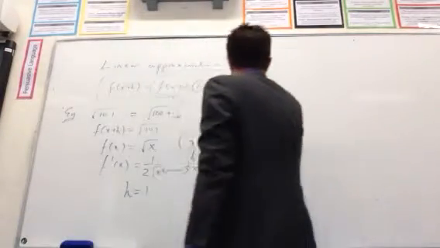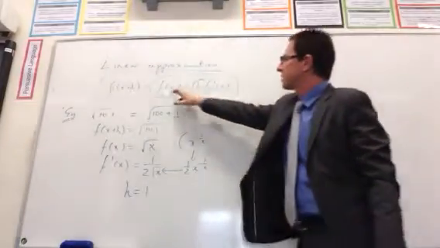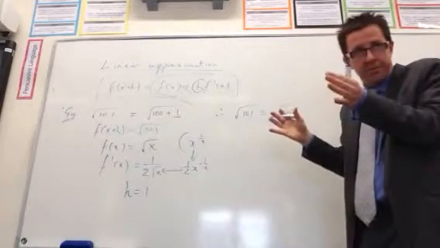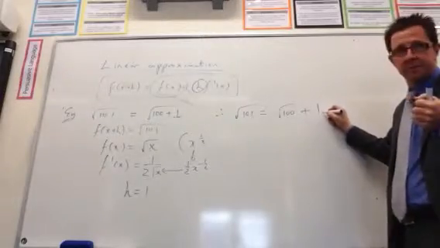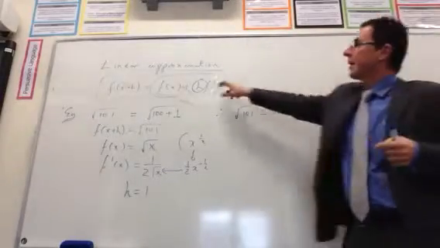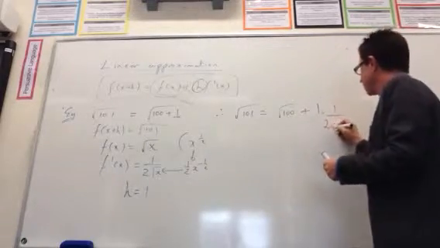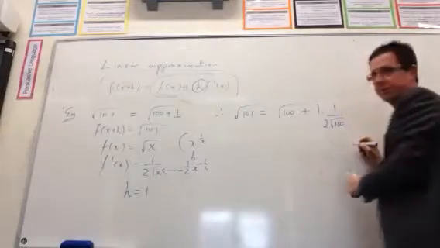So we go into the rule and say the square root of 101 is the same as f of x, which would be the square root of 100, my main job, plus h, 1. F dash of x is 1 over 2 square root of x, which in this case is square root of 100.